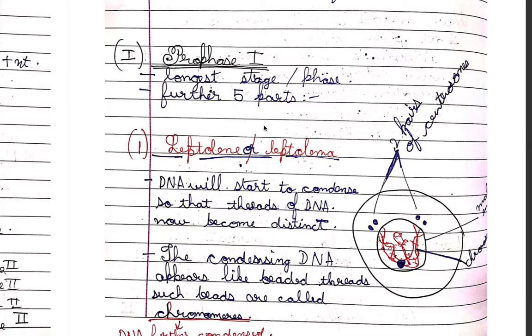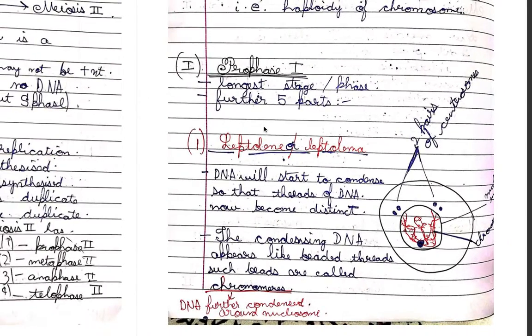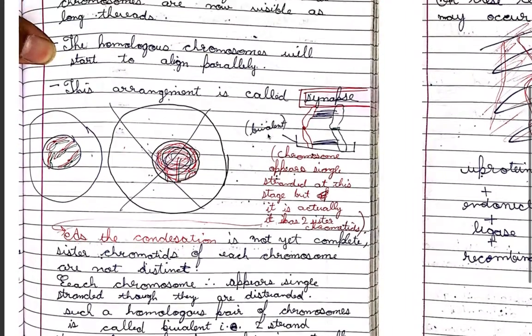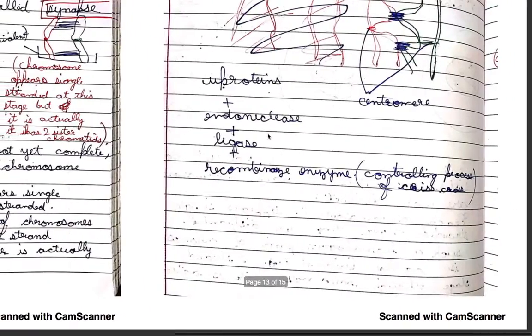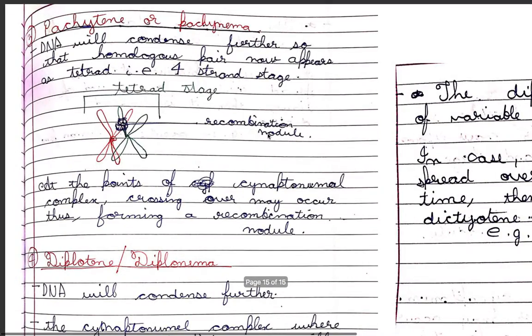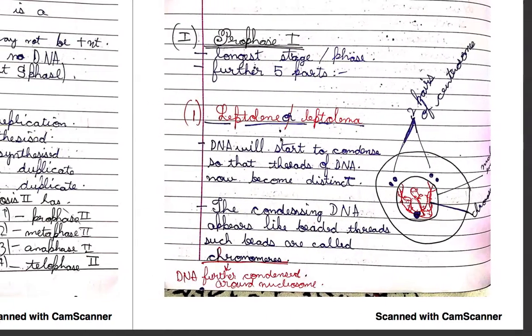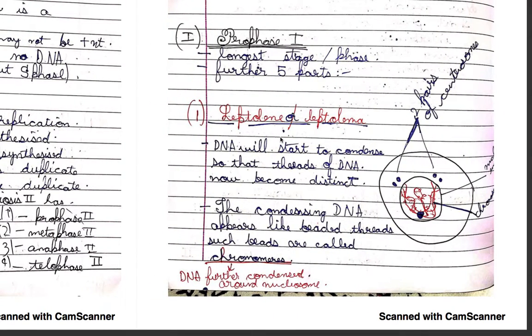This is the longest stage and it has five phases: leptotene or leptonema, zygotene or zygonema, the third one pachytene or pachynema, and the fourth one diplotene or diplonema.